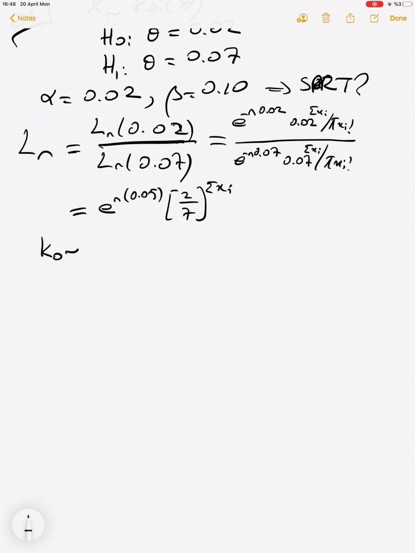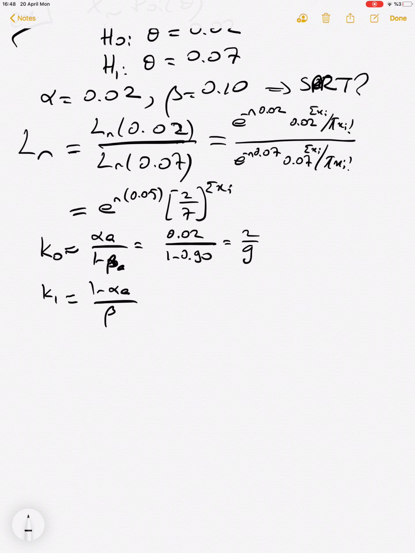So k0 is approximately alpha over 1 minus beta, 0.02 over 1 minus 0.90, so 2/9, and k1 is approximately 0.98 over 0.10.